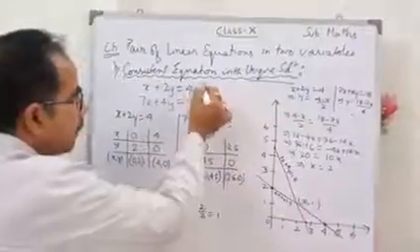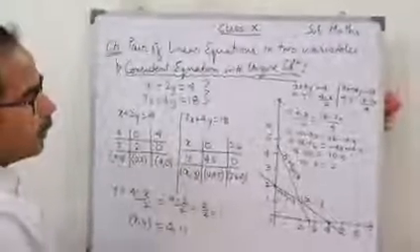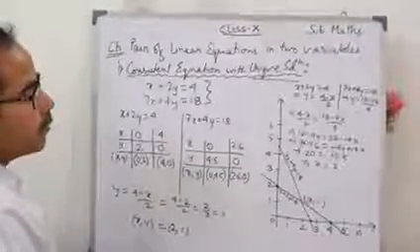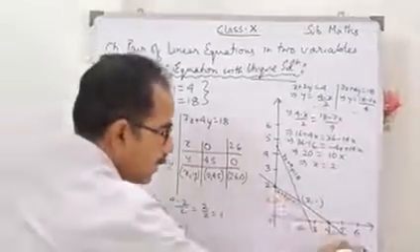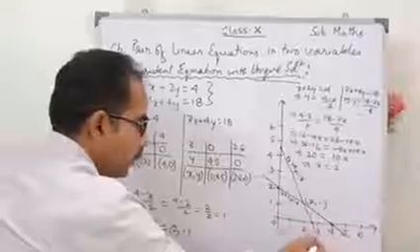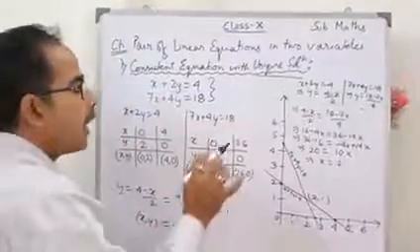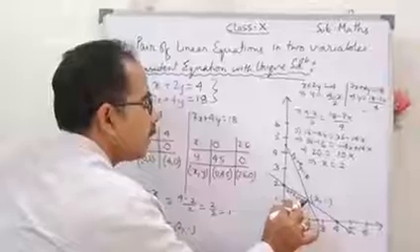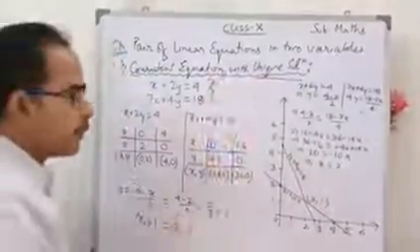These are good examples of a pair of linear equations which have only one solution, that is a unique solution. Only one solution we are getting. If I extend this line, this side or this side, similarly, if I extend this line also, this side and this side, never will they meet. So they are just intersecting at one and only one single point. That's why it is known as unique solution. I hope it is clear, students.